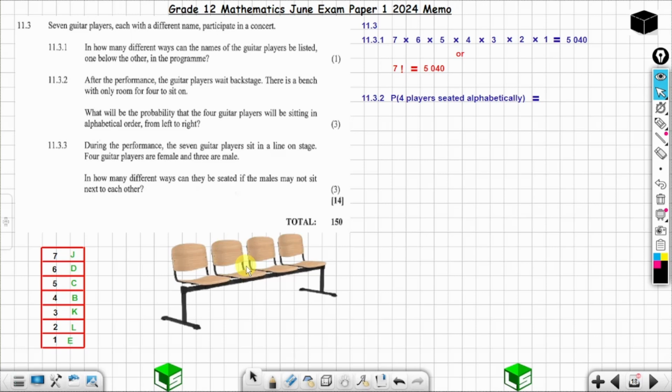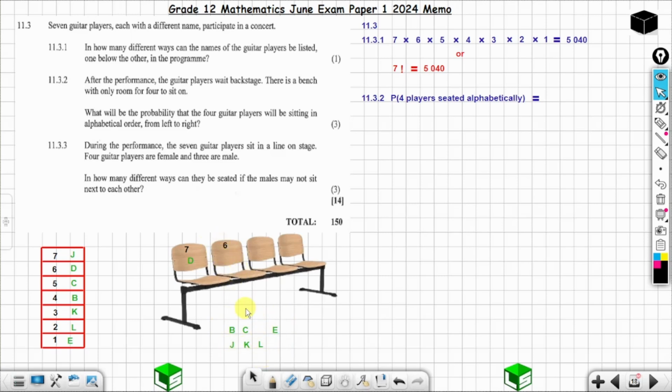Let's find the total outcome first. We have 7 players. Let's find the total outcome using this bench. On the first seat, I've got 7 options to choose from. I can put D on the first seat. Now I've got 6 options to choose from for the second seat.